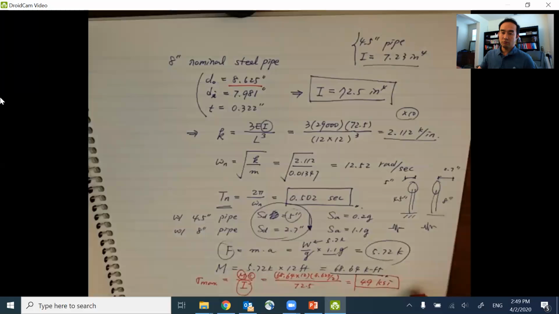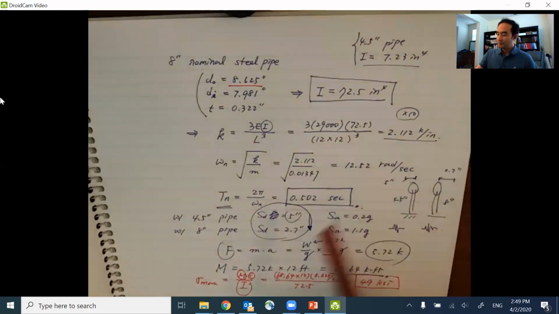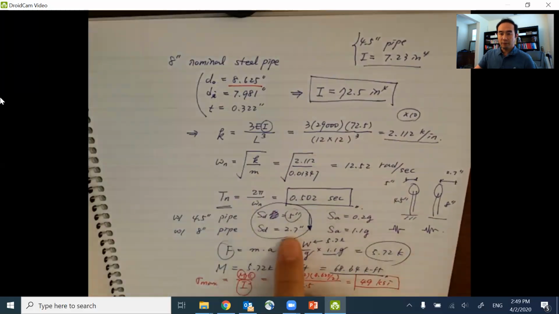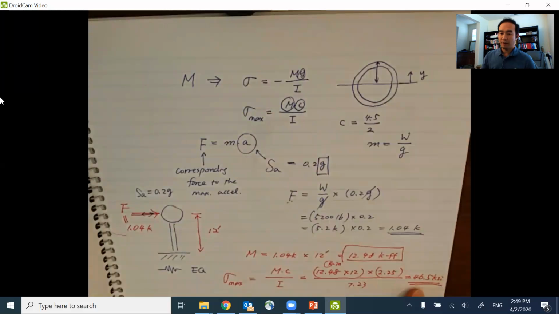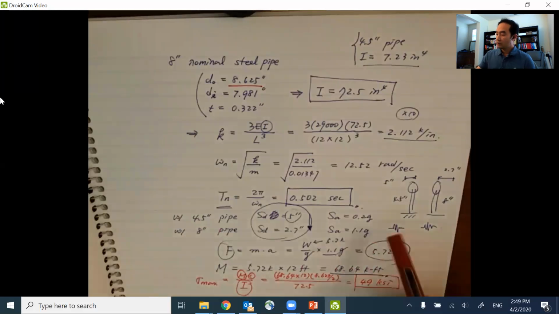Going through the calculation, the selection of 8-inch pipe reduces the maximum deformation from 5 inches to 2.7 inches, which is good. But the stress is even larger than before, from 46.5 ksi to 49 ksi, which is worse because our corresponding spectral acceleration value is almost 5 times larger than before.